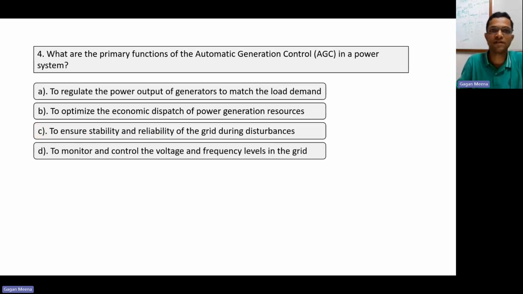Fourth one, what are the primary functions of the automatic generation control in power system? Do we know that this is the primary control, primary frequency response? We have secondary as well as tertiary also.